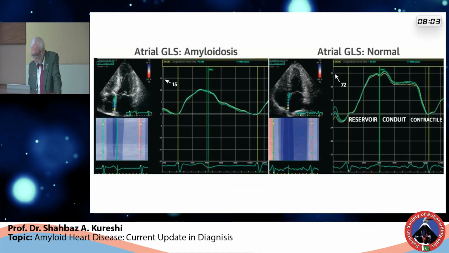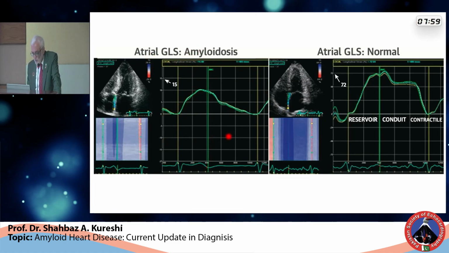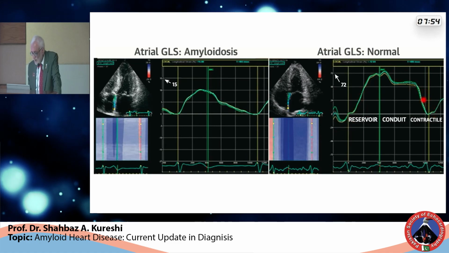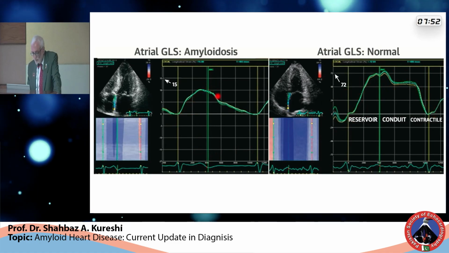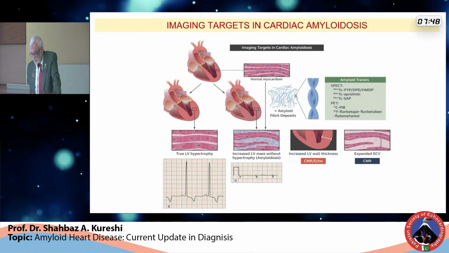It will be spared. Also, in patients with amyloidosis, this is normal, where you have the flow curves here, and then the flow curve here in the left atrium, which is reduced in patients with amyloidosis.